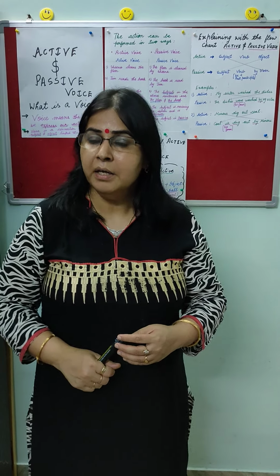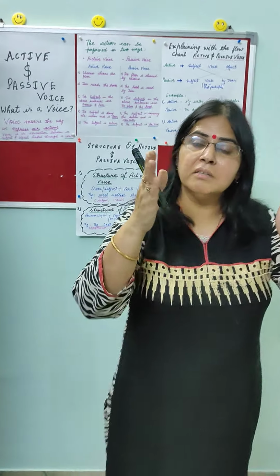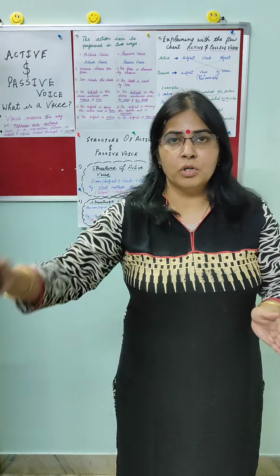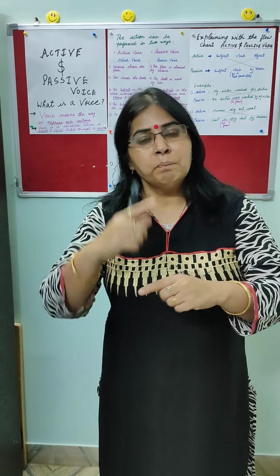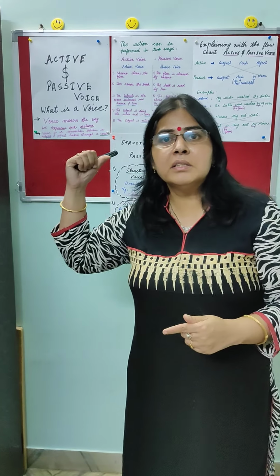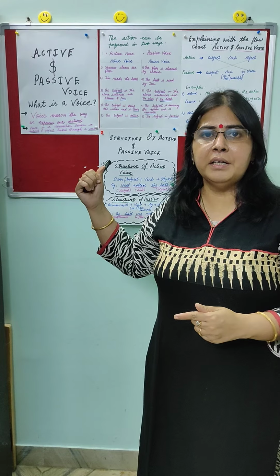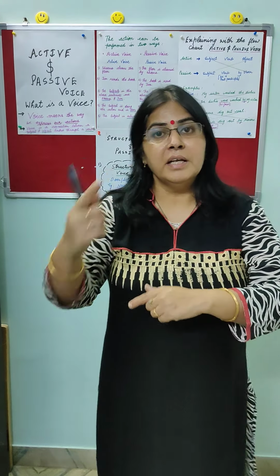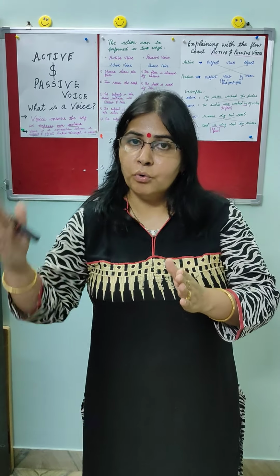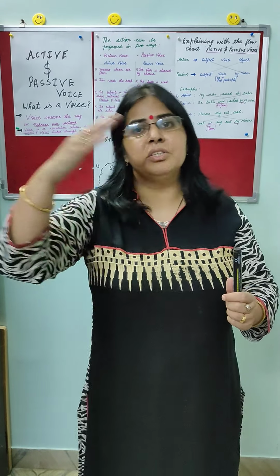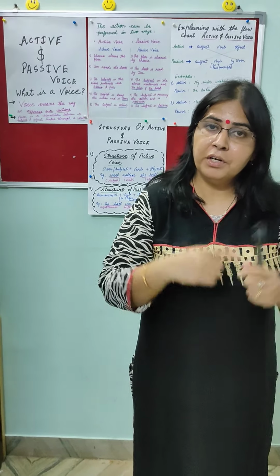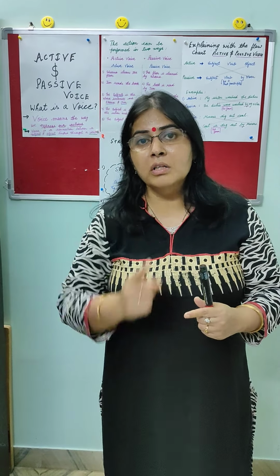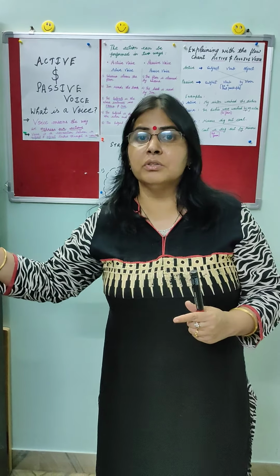Fine. So I hope children I have made myself very clear what is active, what is passive, what is the structure of active voice, what is the structure of passive voice. So please keep on seeing this and go on reading these things, because in the next class we are going to do how to change active to passive and passive to active, which will include the revision of all the past tenses and the continuous tenses, the simple tenses and the continuous tenses.